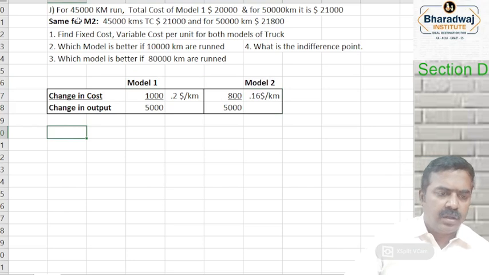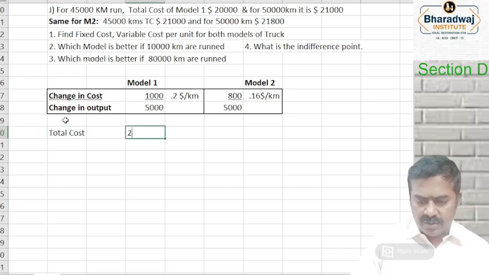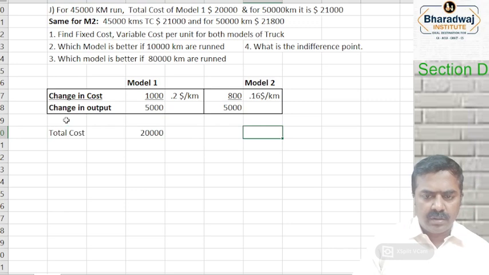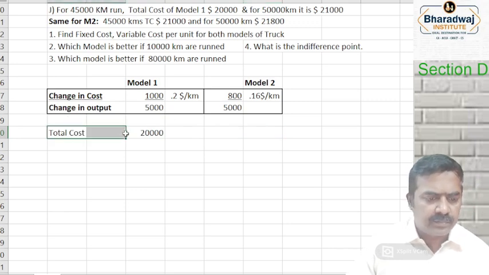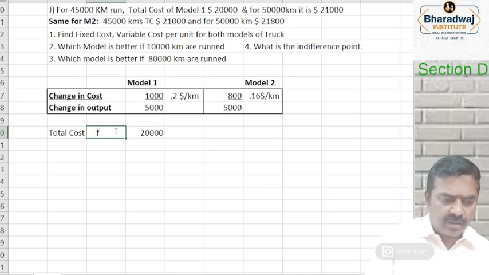So, total cost is given to us. What is the total cost? 20,000. Total cost is given for 40,000, 45,000 kilometers and 50,000 kilometers.